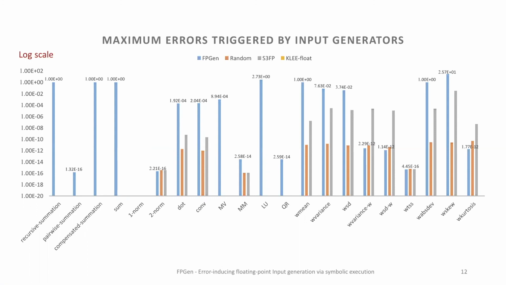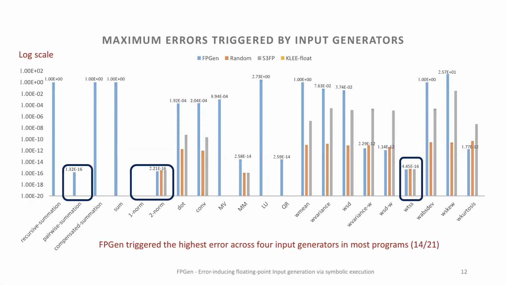As we can see, in most programs, FPGen triggers the highest error across the 4 input generators. There are 4 programs where none of the input generators can trigger a large error. And in 3 other programs, S3FP triggered the highest error. Our guess is that in these programs, FPGen failed to trigger a cancellation.